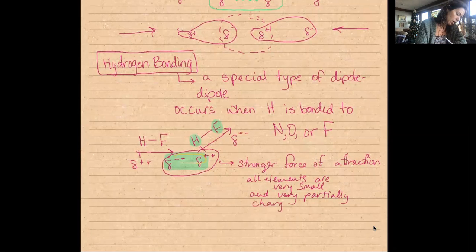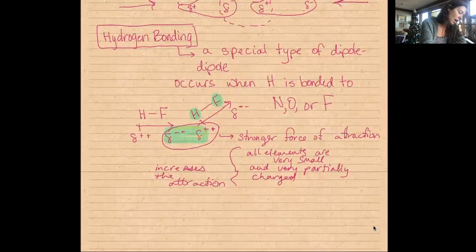All right, so all of this increases the attraction. And this increased attraction only occurs when H himself is attached to a nitrogen, an oxygen, or a fluorine because of their small sizes, closer proximity, and extreme electronegativities, greater partial charge.